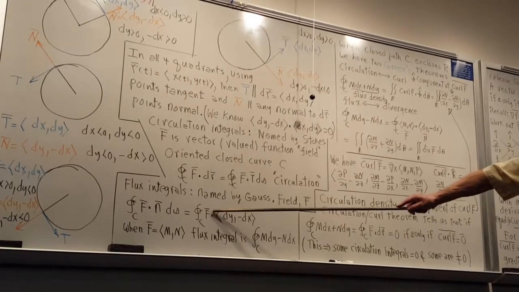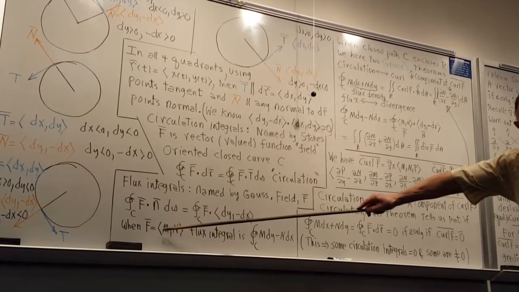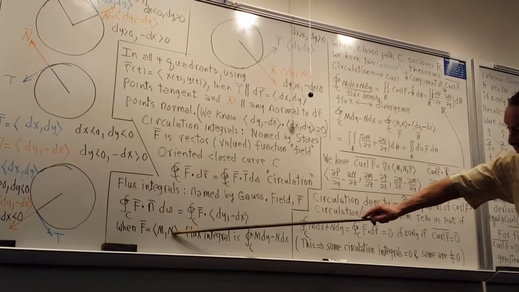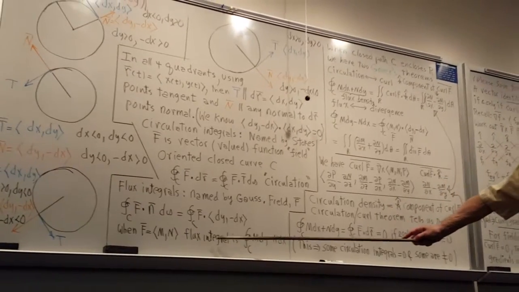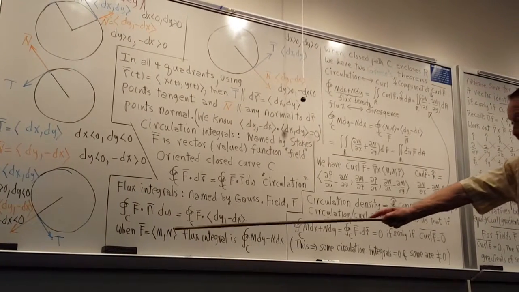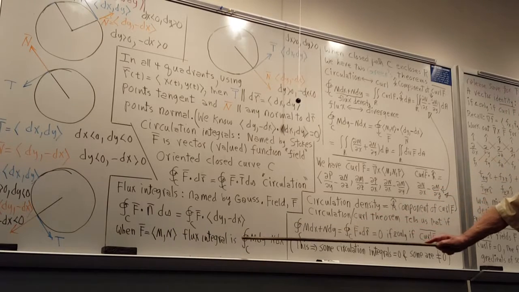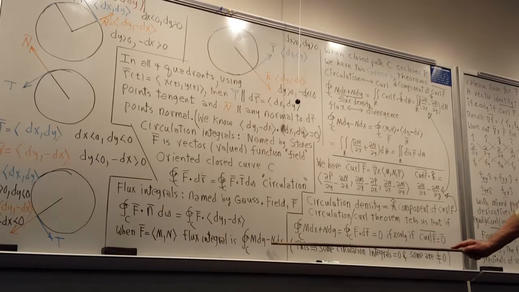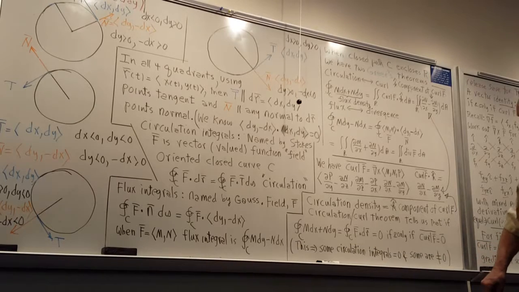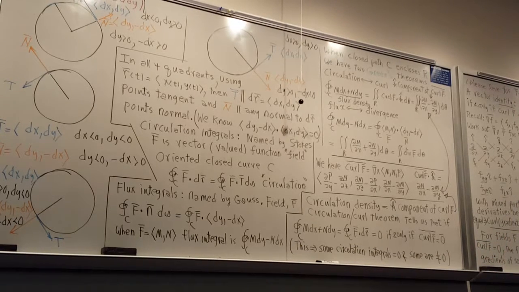So if you're in the plane and your field is a vector with components m and n, then your flux integral, you see it's the dot product of this vector with that one, so it's m dy minus n dx.